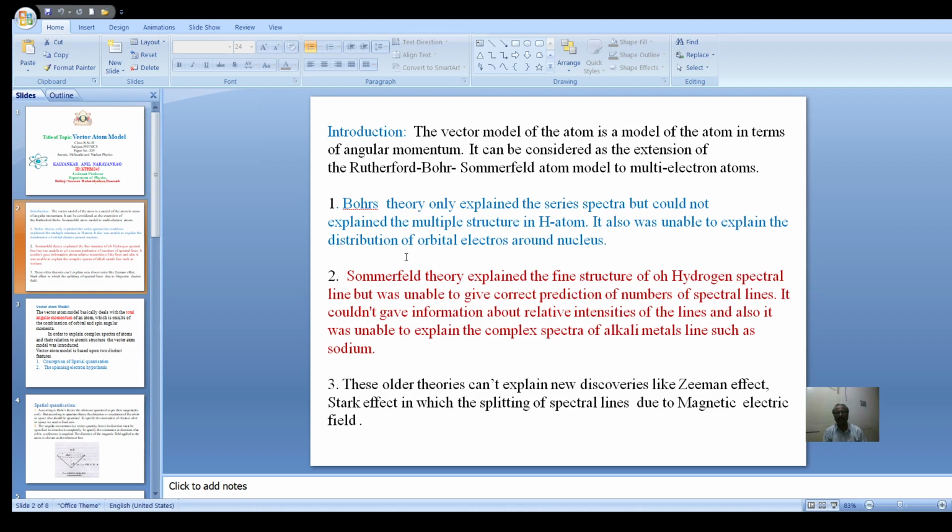Bohr developed his theory, and then Sommerfeld also explained the fine structure of hydrogen spectral line.